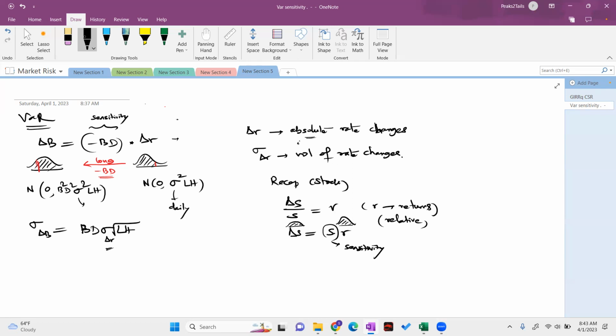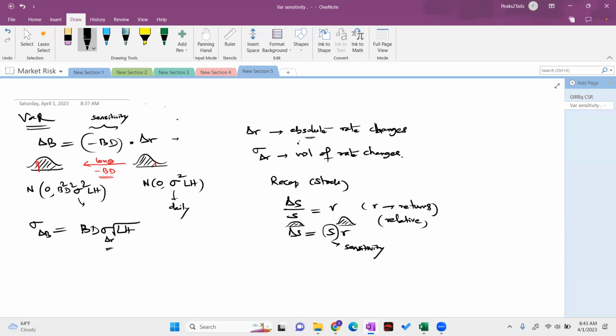Did you understand the difference between this, when to use R, when to use delta R? Delta R is in the bond context, which means you're modeling changes in interest rate. You want that time series, take the volatility. In case of stock price, you take the stock price time series, calculate the arithmetic returns every day.